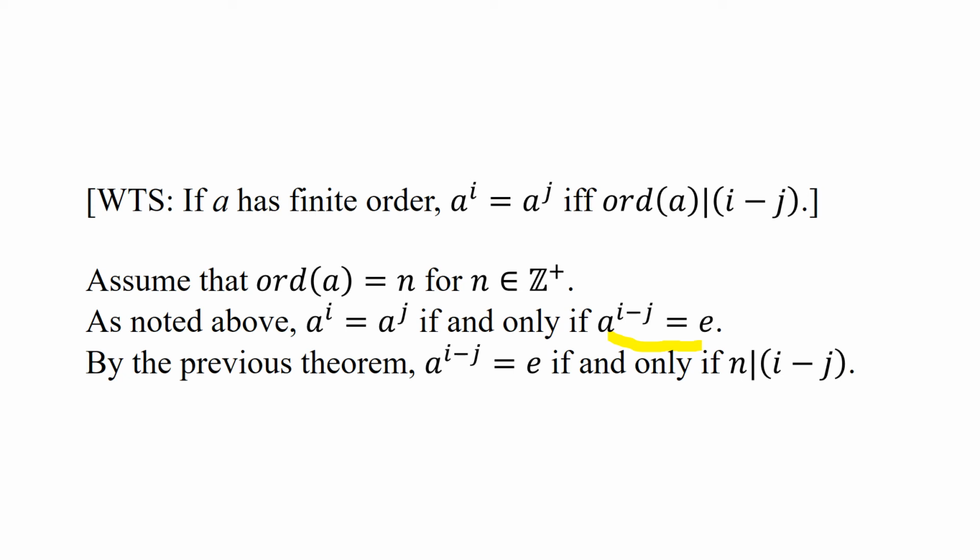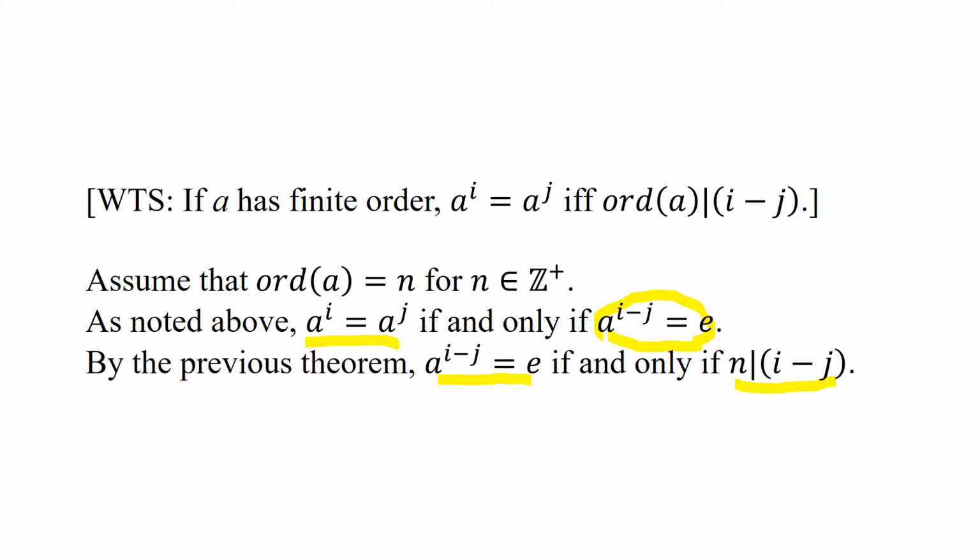When I put these two statements together, a to the i equals a to the j is equivalent to a to the i minus j being the identity. That is equivalent to n being a factor of i minus j, and then transitivity tells us that a to the i is equal to a to the j if and only if n, which is the order of a, divides the difference of the exponents.